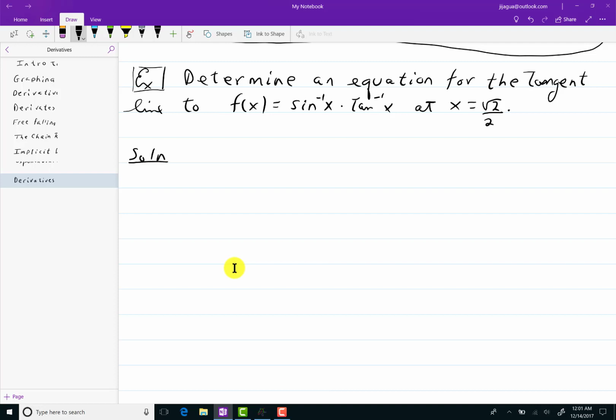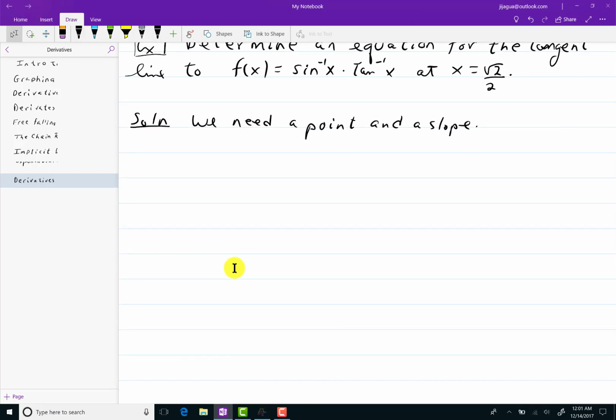Well, what do we need? In order to get any kind of a tangent line, we need a point and a slope. So the point's easy enough. For the point, I'll plug in that x value.